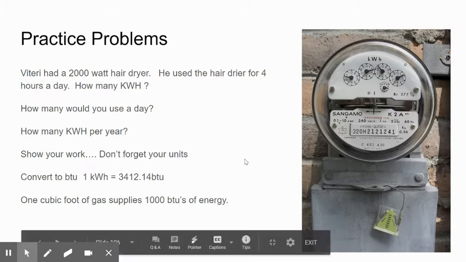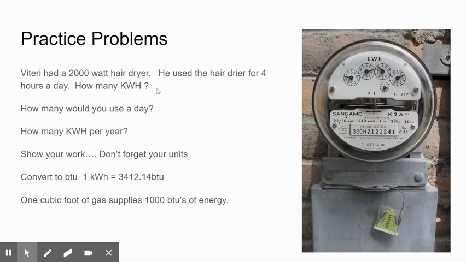So how do I solve something like this? Well, we have a 2,000 watt hair dryer, and energy is typically measured in kilowatt hours. That's how much you get charged by the electrical company. If I use it 4 hours a day, how much did I use per day? Well, 2,000 times 4 gives us 8,000 watts, but I want kilowatts. So how do I convert 8,000 watts into kilowatts?